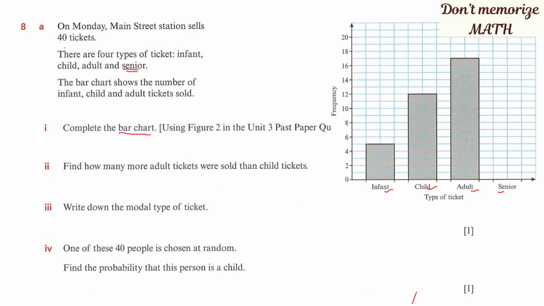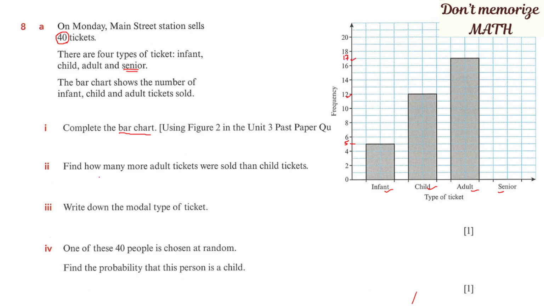Here they are telling us the total number of tickets sold is 40. So infant is 5, the middle of 4 and 6. Child will be 12, and adult will be the middle of 16 and 18, which is 17.